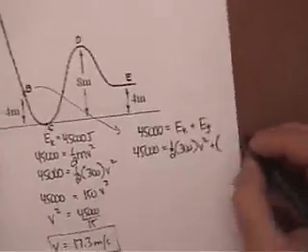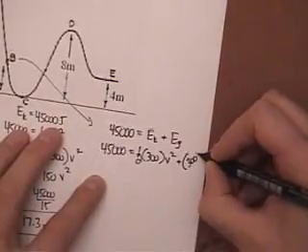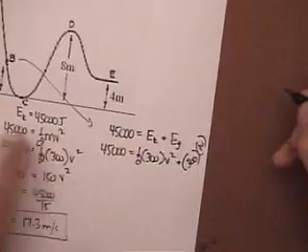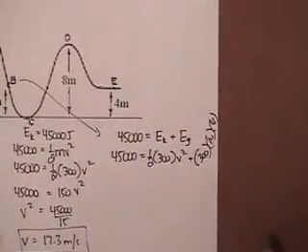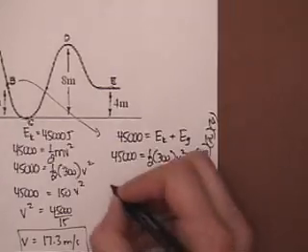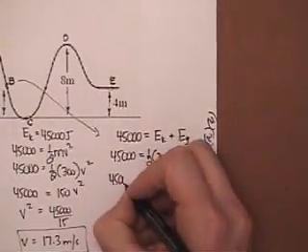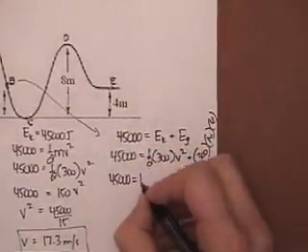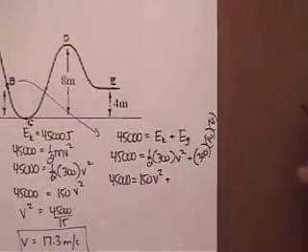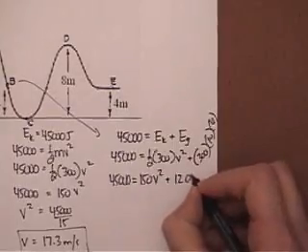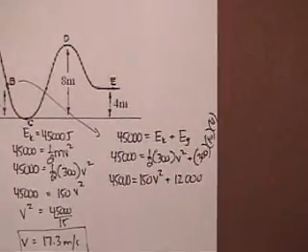My 300, 10, and I'm at 4 meters. So that is going to end up being 45,000 equals 150 v squared plus 300 times 10 times 4, that's 12,000 joules.